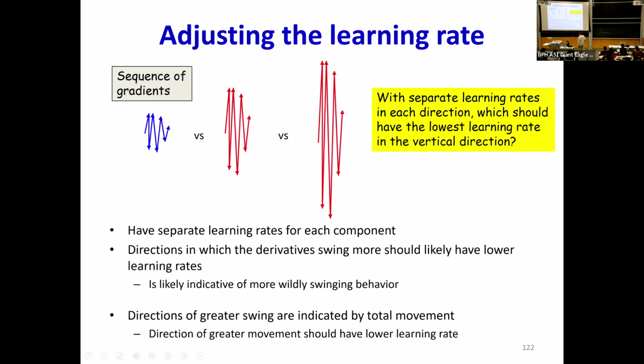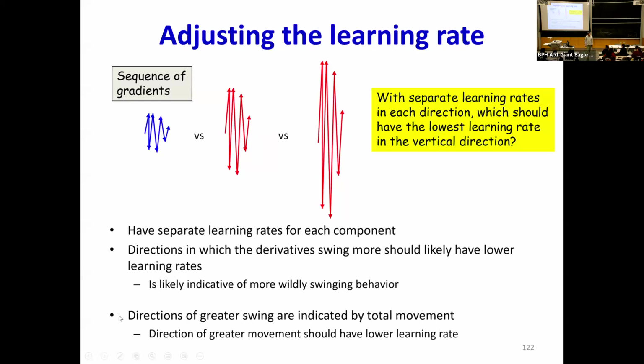Whereas having a large learning rate over here is not going to make things swing quite as much. So the more your derivative swings around, the less your learning rate must be to account for this wild swinging of the derivative, right? So how can we actually codify this? Here's how we can look at it. I can look at the total distance traveled, the total length of the derivatives.